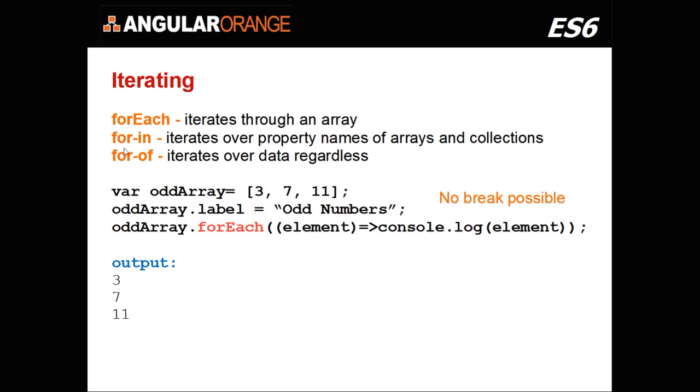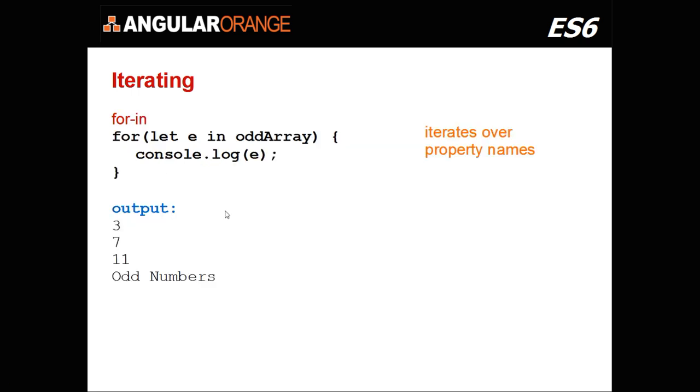Now, for-in is going to do something a little different. It's going to look at the property name, so it'll catch this label that we defined. So when for-in, you say for let e in the odd array, console e, and what you'll see is it iterates over the property names. So you'll see the outputs 3, 7, 11, and oddNumbers.